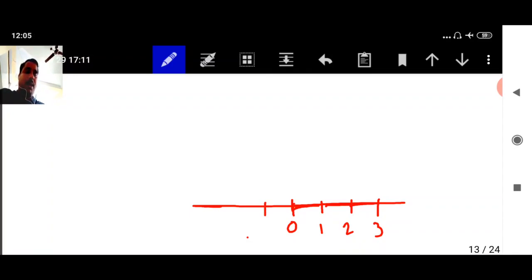Similarly, here are minus 1, minus 2 and minus 3, and the line will be extended in both directions of 0, means right side of 0 and left side of 0.